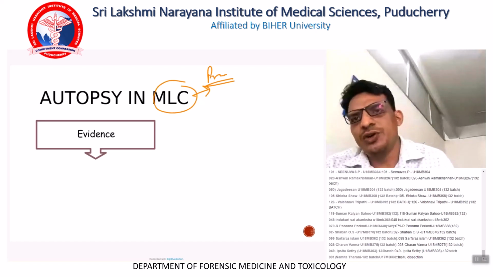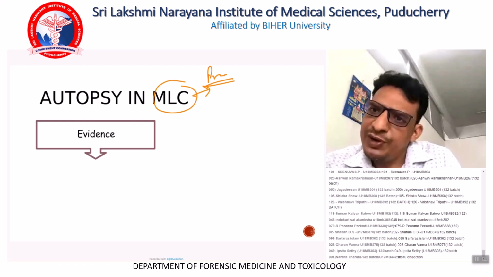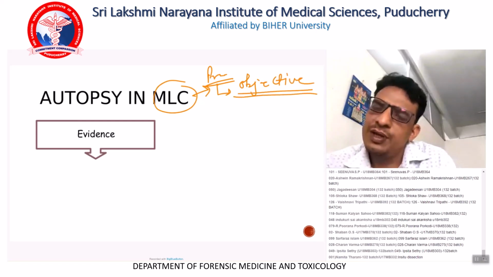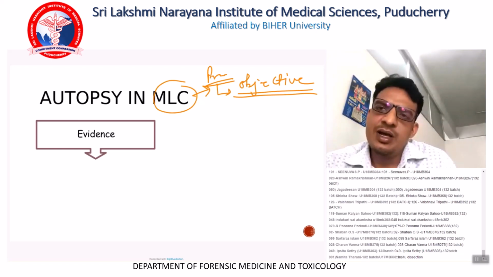But we can discuss it over here. What are the objectives of a medico-legal autopsy? We saw that a pathological autopsy is usually done only for clinical presentation, rarity of the situation and academic advancement. But why do we do a medico-legal autopsy?